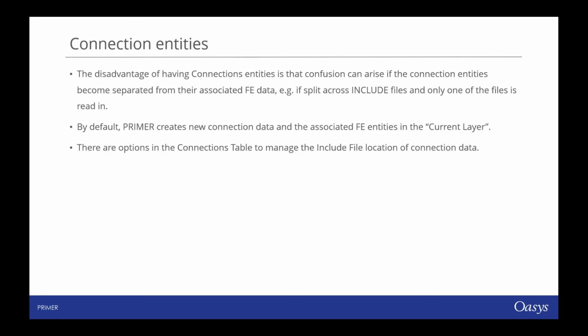By default, Primer creates new connection data and associated FE entities in the current layer. So there are ways within Primer which you can still manage this, and there are options in the connections table to manage include file locations of connection data should this happen. So it's just to be mindful of that.